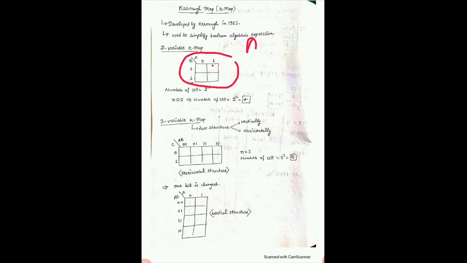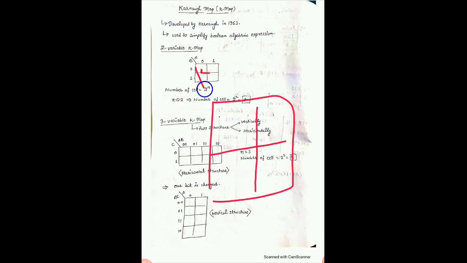So if a is 0 and b is 0, we look at the cell that fits. Suppose I make it in this fashion. This is a, this is b, this is 0, this is 1, this is 0, this is 1. So 0 means a complement, this is a complement, this is a, this is b complement, and this is b.